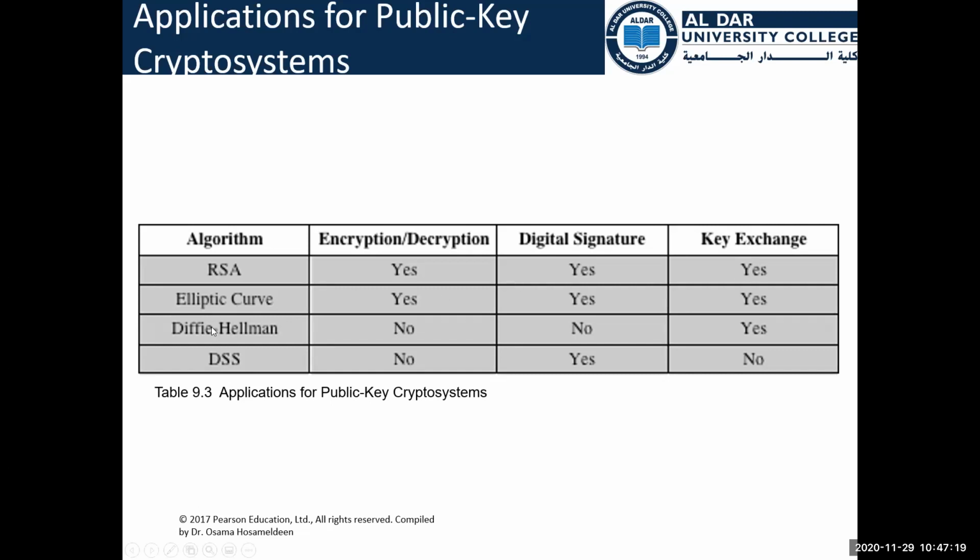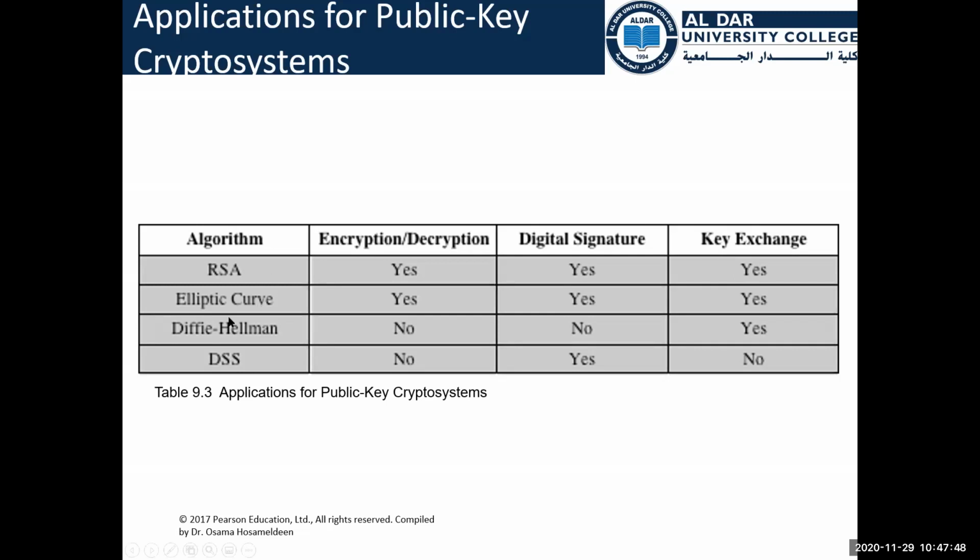So actually Diffie-Hellman alone is not doing anything, but we can combine Diffie-Hellman with, for example, Data Encryption Standard, which is a symmetric key algorithm. So we combine it for secure key exchange. It should be combined with one algorithm to securely exchange keys.